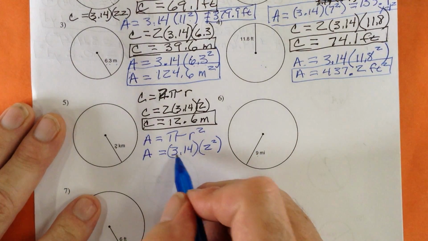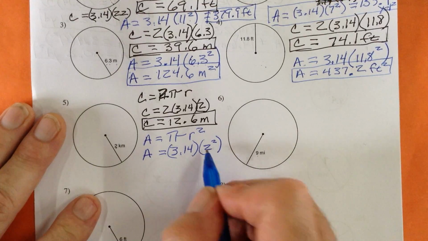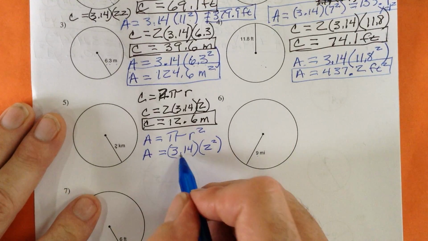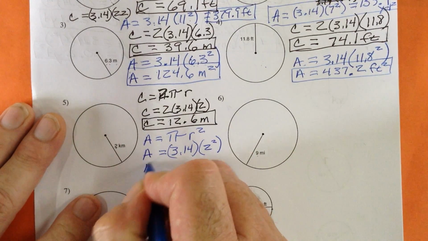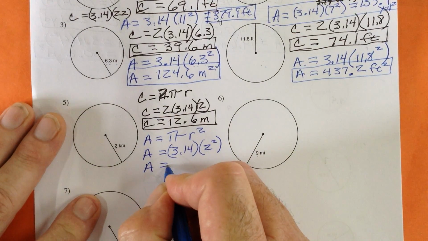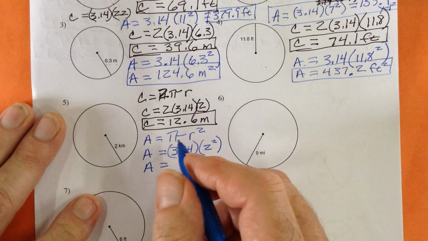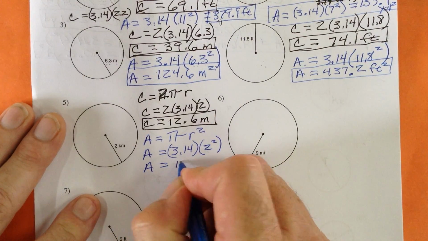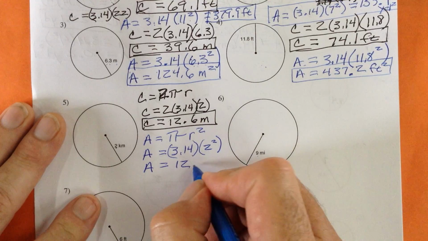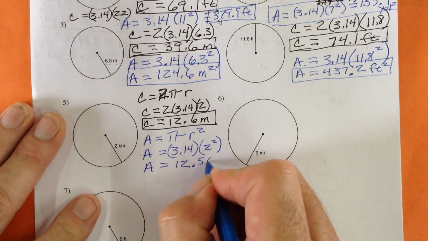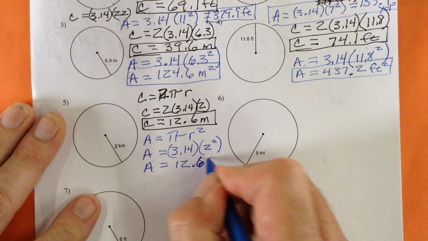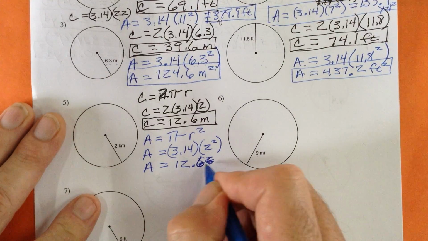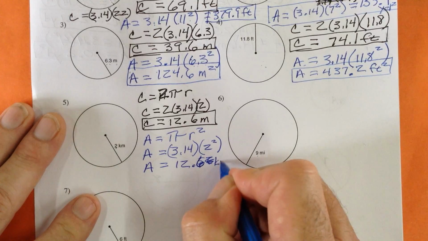So on the calculator, 3.14 times 2 times 2, or you can also go 3.14 times 4, since you already know that would be 4. But I ended up with, rounding, I got 12.56 on my calculator. I got 12.6, so this will actually round up to 13. Okay, square kilometers.